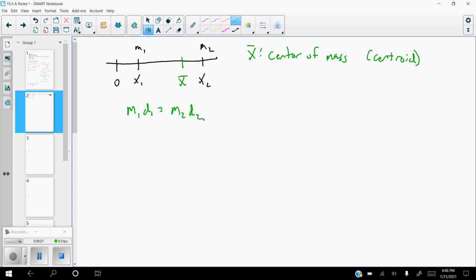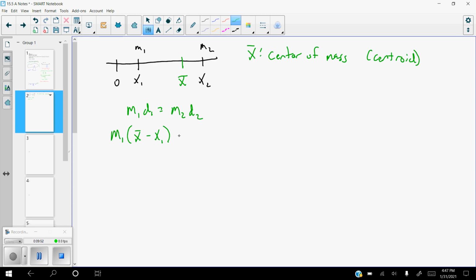The D1 is the distance from the center of mass, or the fulcrum point, out to x1, where the first mass is. So I'm going to have mass 1 times the distance of 1, which again is x bar minus x sub 1. That's the distance from x bar, or the center of mass, out to x1.